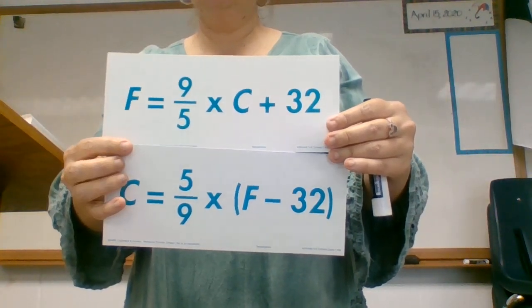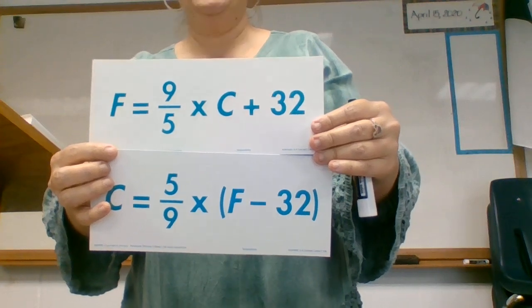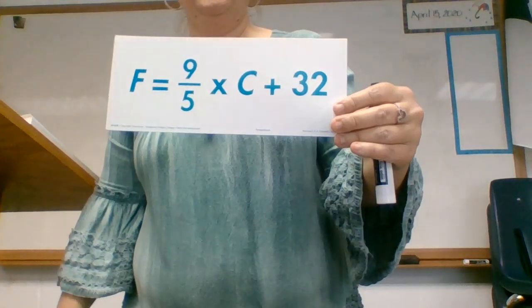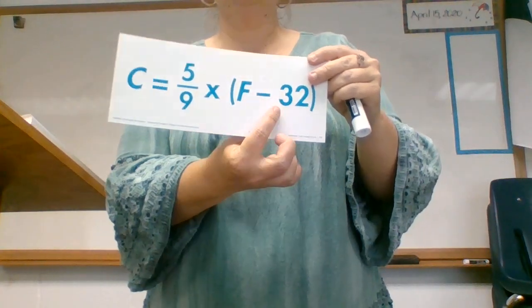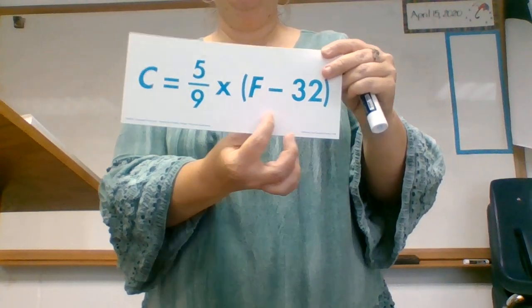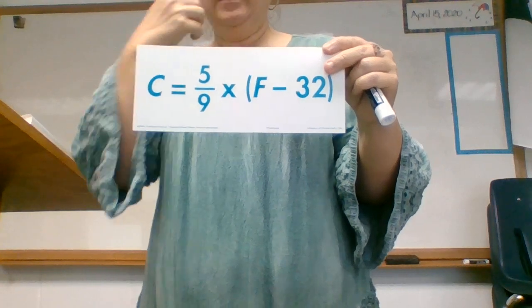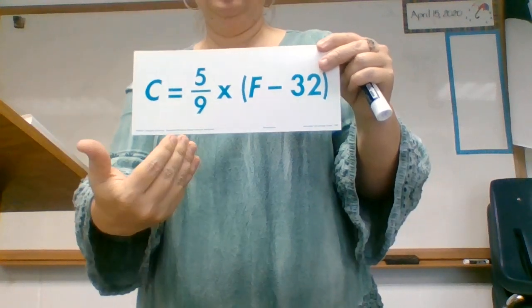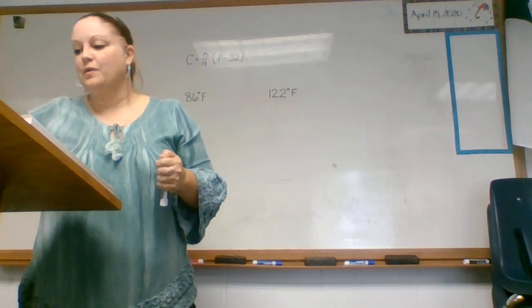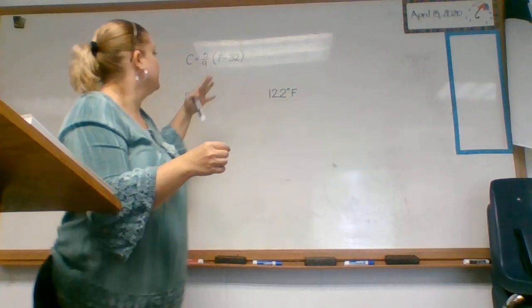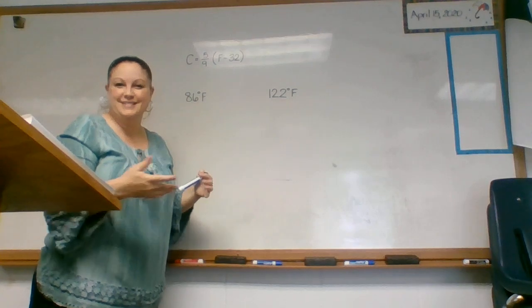One is 9/5, and then we're adding 32, that's when we're finding Fahrenheit. Today is 5/9, but we're subtracting the 32, and we're changing the order. That's what the parentheses is. We're subtracting first, then multiplying. Yesterday was multiplying, then adding. All right, so everything is reversed when we're talking about changing from Fahrenheit to Celsius.